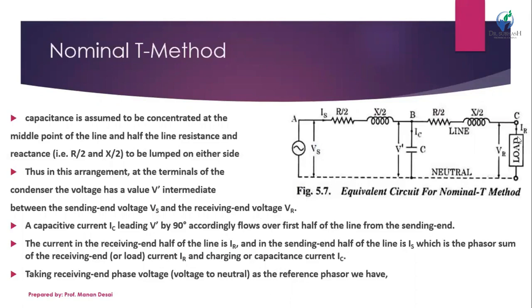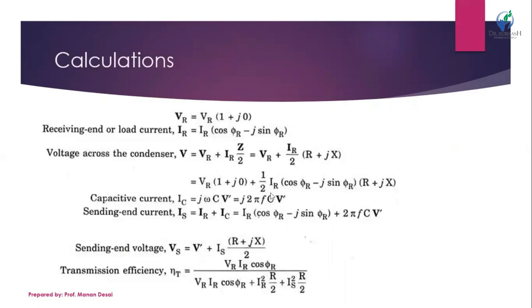The summation of both currents is IS. So we have IR (cos phi R minus j sin phi R) plus IC, and IC has the value j 2 pi f CV. Okay, so we got IS, the sending end current.